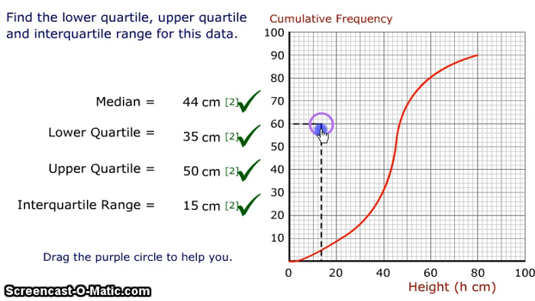So 60 is here, 62, 64, 66, 67.5, and you read across and you read downwards, and that gives us about 50. Now the interquartile range is the difference between the lower quartile and the upper quartile. So 35 from 50 gives us 15, and that's the final answer.